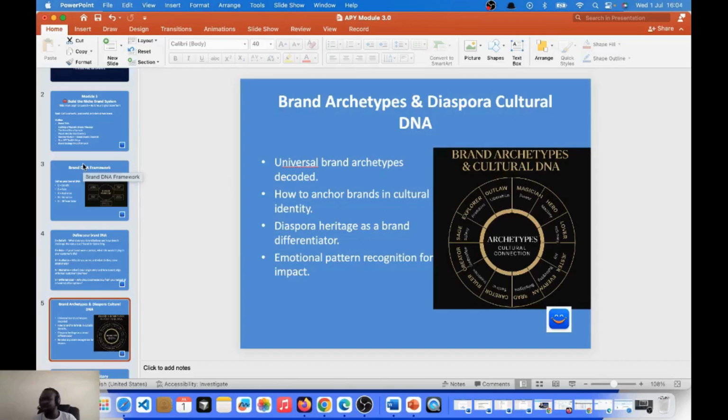The diaspora economy has an enormous amount of purchasing power. These people make hard-earned money, and they are ready to spend if the right brand is targeting them in the right way. Which is why I've decided to come up with something that can draw an archetype around the diaspora cultural DNA.